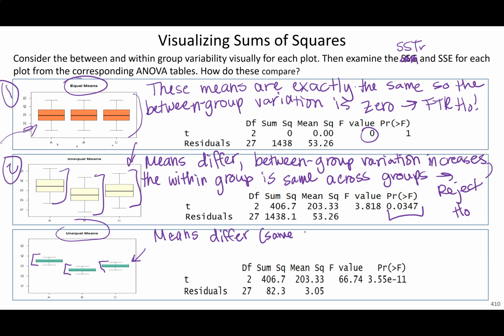Same means as in 2. But the within group is now smaller. Within group variability is smaller.